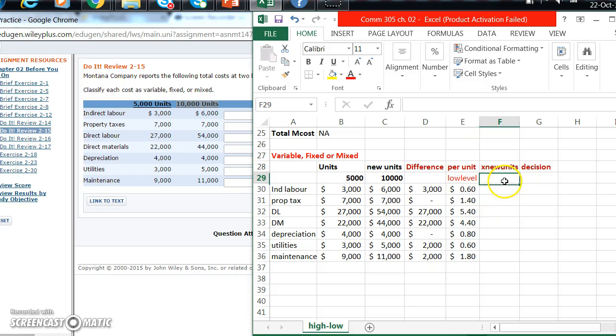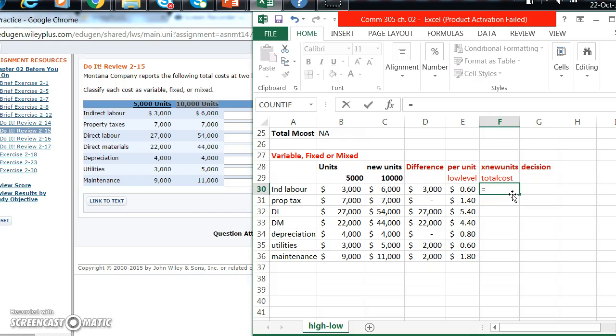What we want to do next is to calculate the total cost that it would be with this value, the cost per unit in the low level multiplied by the high level of production, which is in this case 10,000. So let's do that.